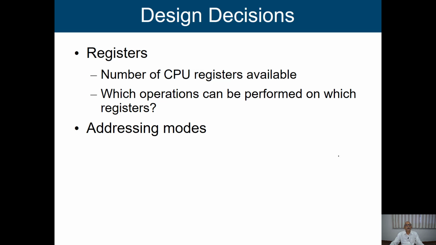These are the issues we decide earlier, before designing the processor. And when we talk about operands, in what way are we going to provide the address of the operand? There are several modes, called addressing modes. We will discuss these issues in subsequent lectures, along with the different kinds of addressing modes that we have.